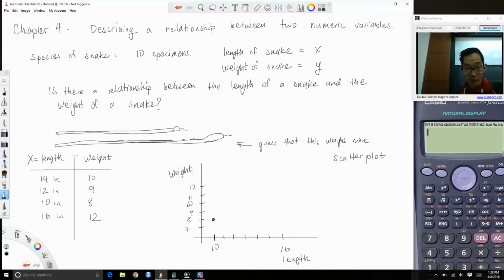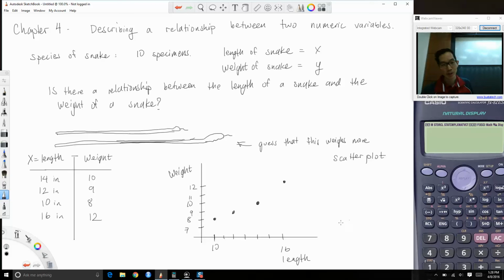I'm just graphing these coordinate pairs. The length is 14, so that's right here, and we get a dot at 10. Then the length is 12, and we get a dot at 9. Then a length of 10, and we get a dot at 8. And at 16, we have a dot at 12.